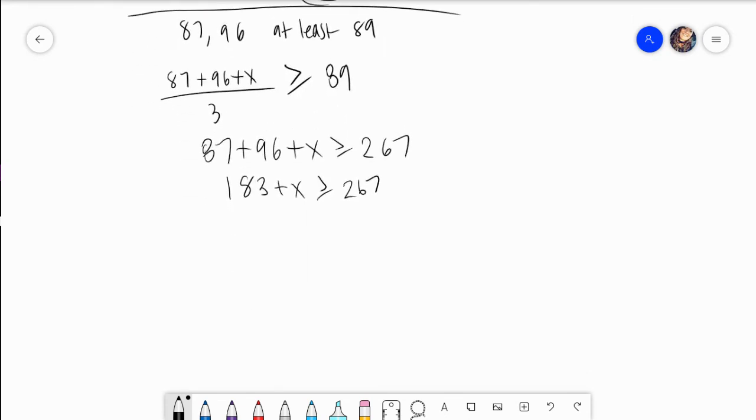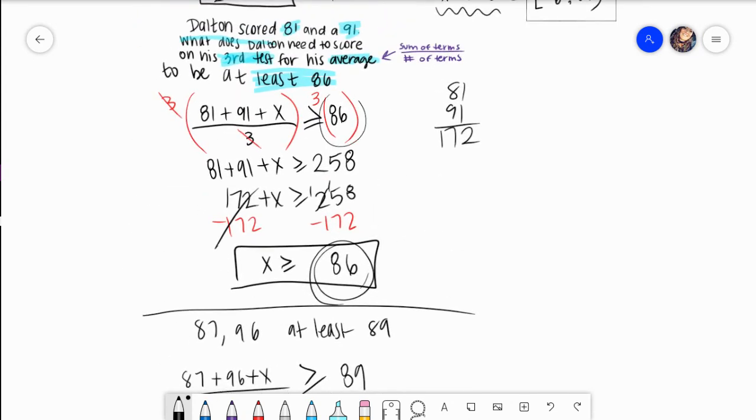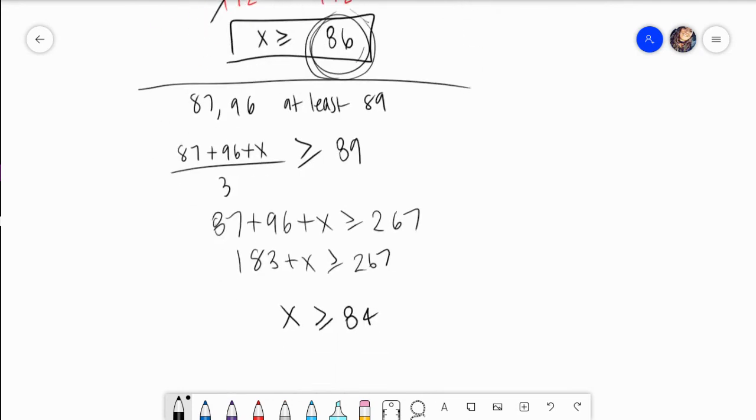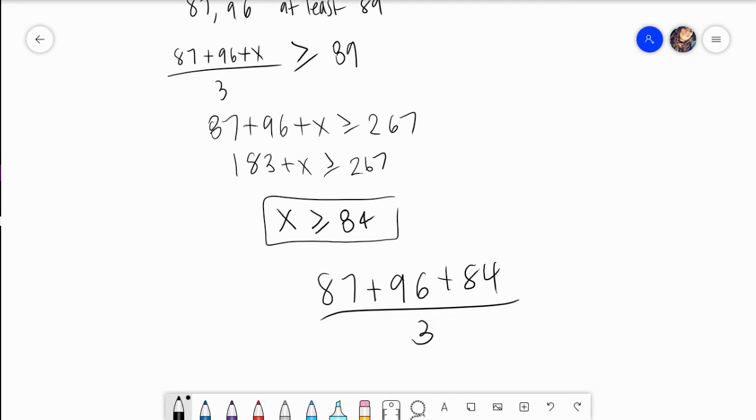Now you do the subtraction, and this is saying his third test grade has to be at least equal to 84. I don't want y'all to think that just because this said 86, his test grade needed to be 86. His test grade needs to be at least 84 to have an average of 89 or above. And you could actually plug this in: 87 plus 96 plus 84, divided by 3.